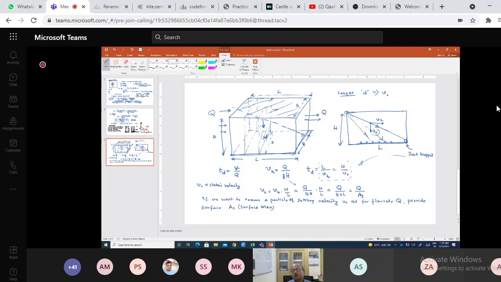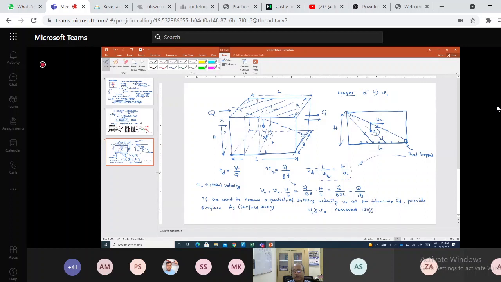All of them will be 100% retained by this, because they are surely going to hit the bottom. So as long as your Vt is greater than or equal to v0, these particles are removed 100%.